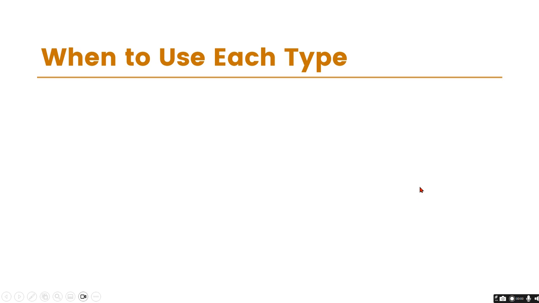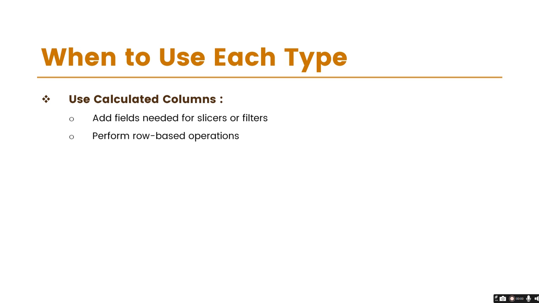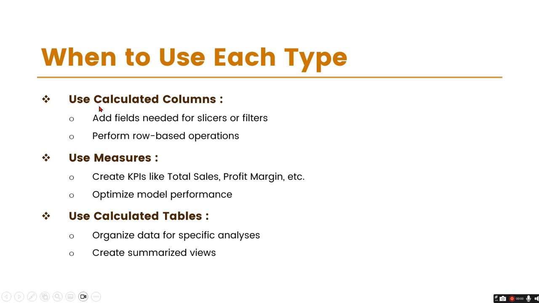Alright. Next, when to use each type of calculation. Let me explain when you should use calculated columns, measures, or calculated tables. Calculated columns are perfect for adding new fields needed in slicers or filters.